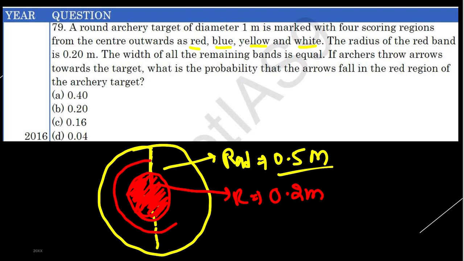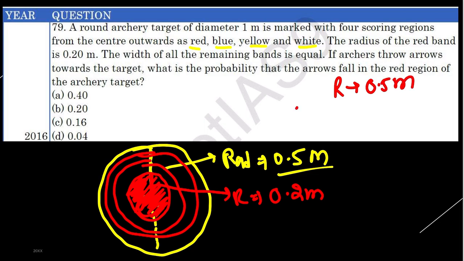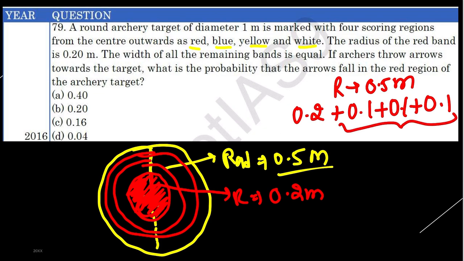Then there will be another band, a third band and a fourth. The next band is blue, next band is yellow and the final band is white. So all are of equal width. The total radius is 0.5 meter, where the red band has 0.2 meter as width, then blue has 0.1, yellow has 0.1 and white has 0.1. So all of these three have an equal width.